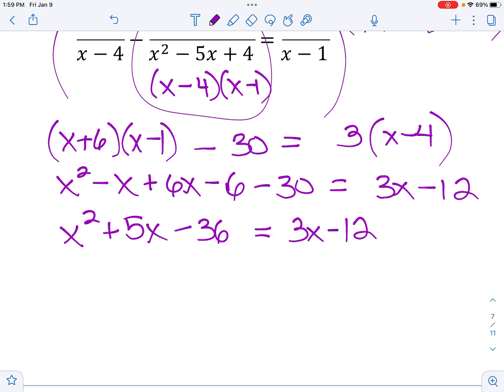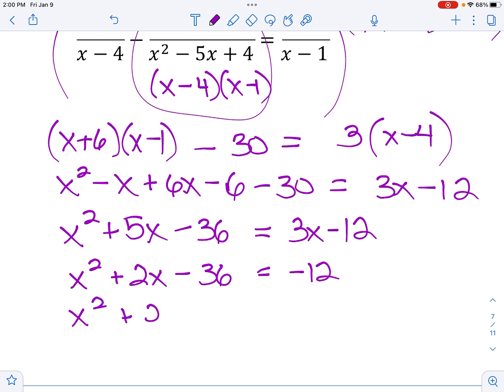So I'm going to subtract 3x from both sides. And then I'm going to add 12. If I add 12, this will be negative 24.